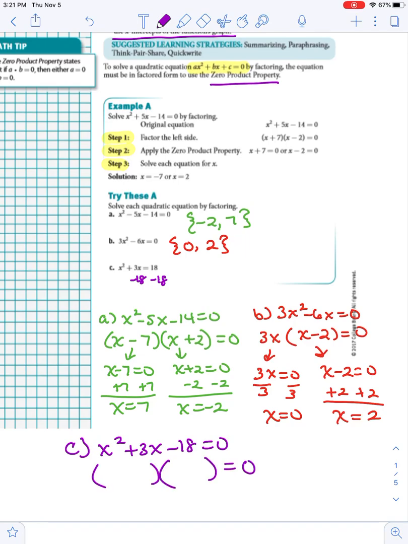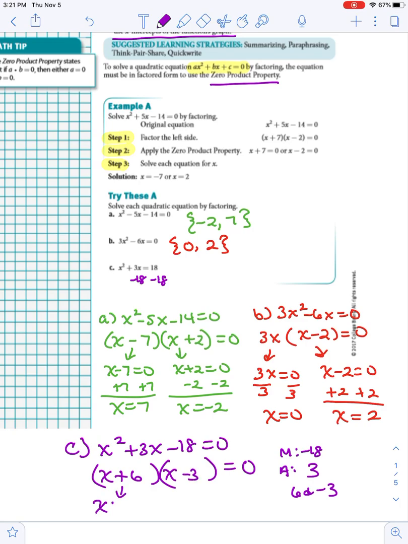If I break my trinomial down, again, it's a level 1 trinomial. It will be x times x, and then I need two numbers that multiply to negative 18, but add to positive 3. That is going to be 6 and negative 3. So we'll have an x plus 6 and an x minus 3.